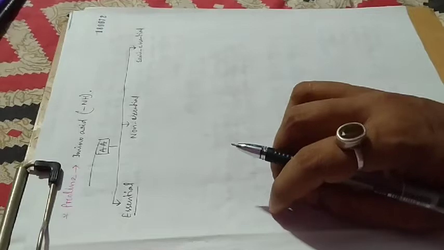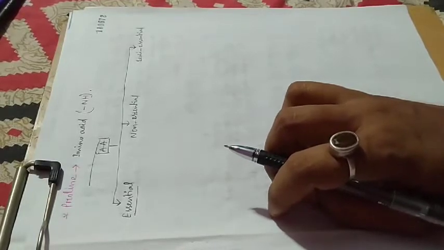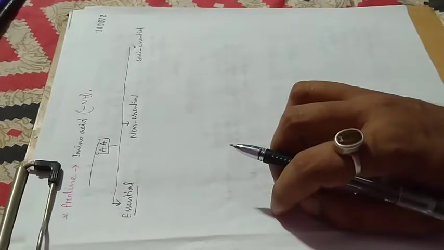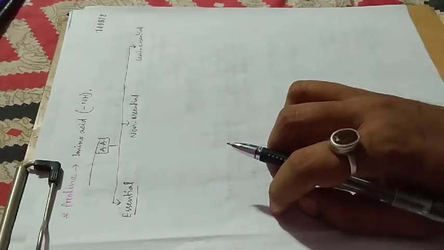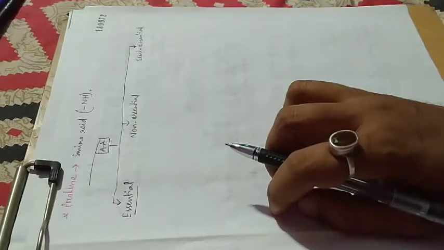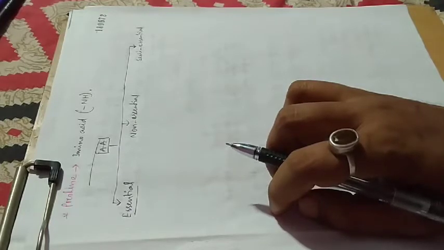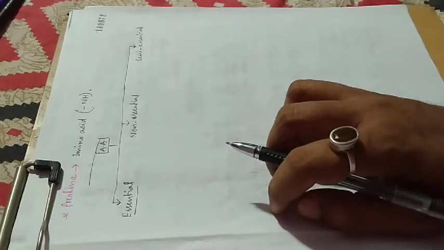Essential amino acids are those which are not synthesized by the body of an organism. Those amino acids are obtained from plants through food. Okay, those are called essential amino acids.